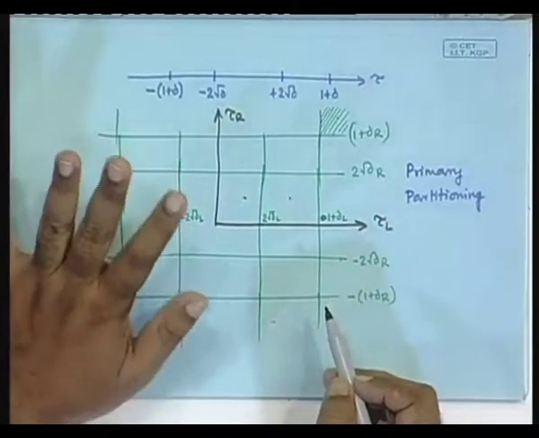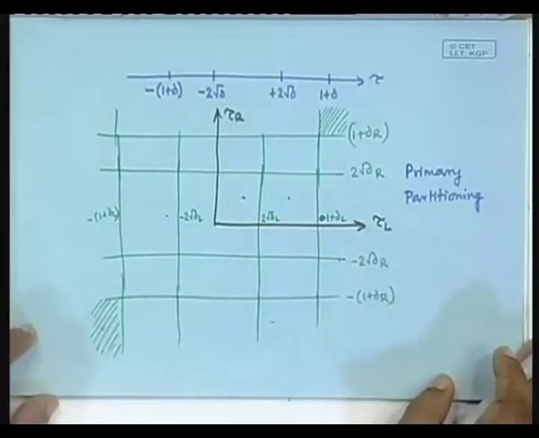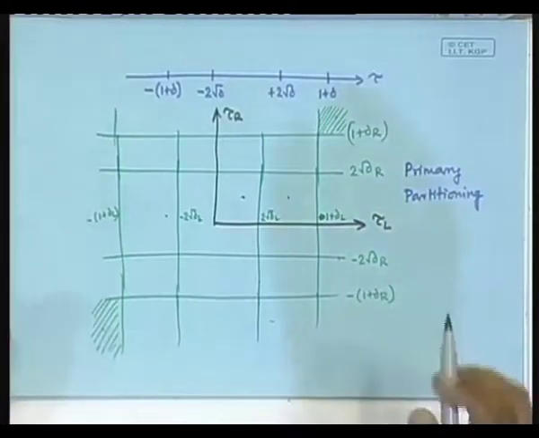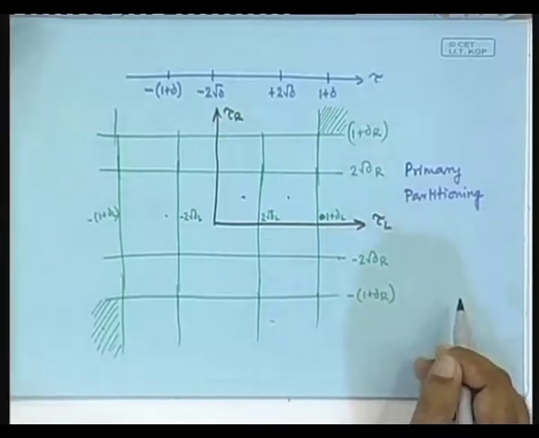But there will be complexities which I will come to later, not at this stage. First, let us understand the basic character of this. What happens here in this part? Can you work that out? What happens in this part?